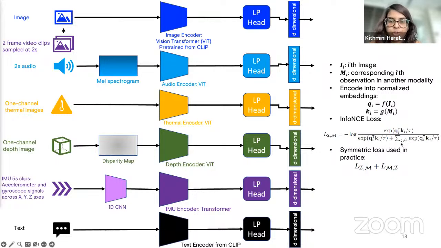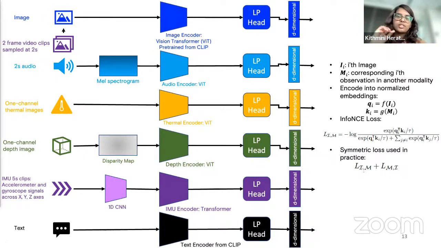What this loss does is, on the top, it's finding the similarity between the correct pair, and then here you're finding the similarities between the correct and incorrect pairs in addition to the correct pair. Then you're maximizing the similarity between the correct pairs and minimizing the similarity between the incorrect pairs.